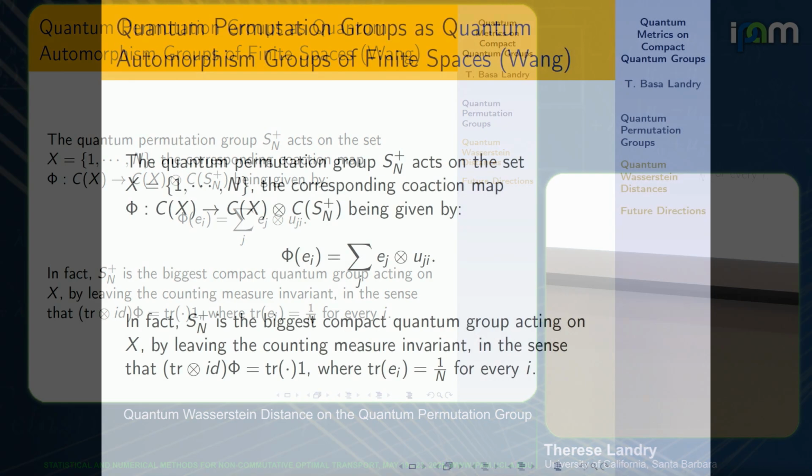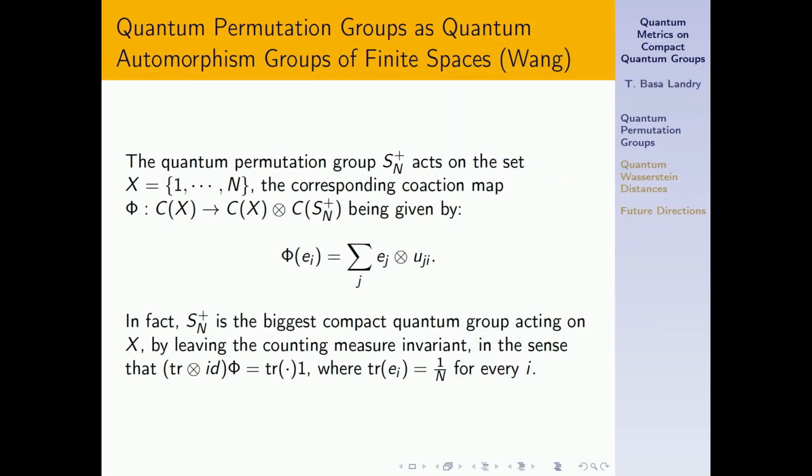And so this is another reason, for the C-star algebraicists in the room, why these should morally be viewed as quantum automorphism groups of finite spaces: because this is the biggest compact quantum group acting on finitely many points that leaves the counting measure invariant. And so that's a sort of nice structural operator algebraic technicality.